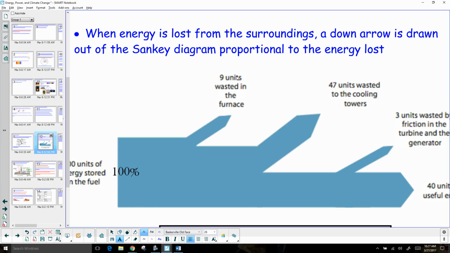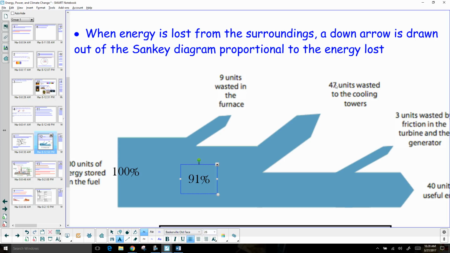Well, here I've got 9 units of energy that was wasted, and I'm looking at this in terms of the coal power plant. 9 units wasted in the furnace, so 9 units were degraded, leaving me with 91% of my energy left to transfer.